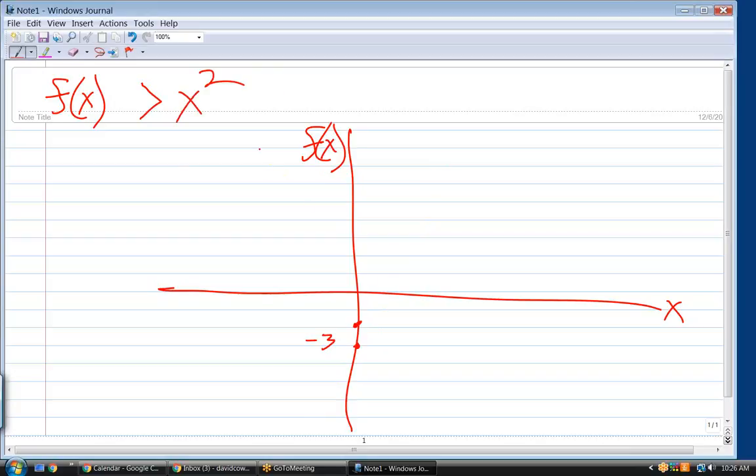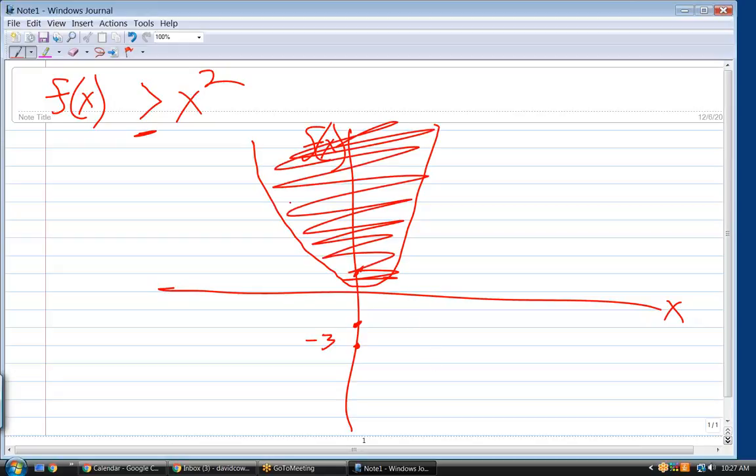If I make it x squared, there's your curved line. Let's make it greater than or equal to x squared. So now I go to my y-axis, I find a point that's above the line. Above the curve is what you want to shade.